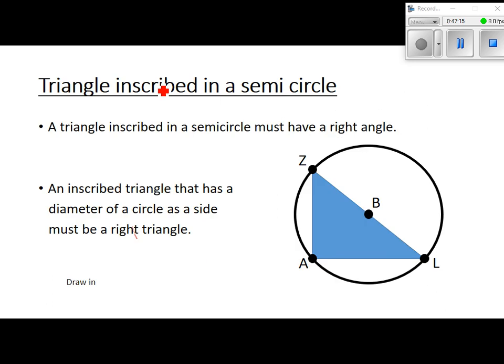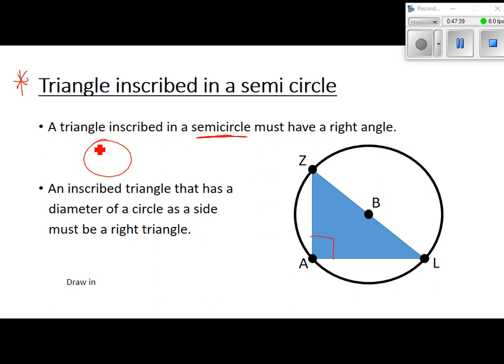This one here is pretty important. It's pretty easy, but it's pretty important. If a triangle is inscribed in a semicircle, that means it's inscribed in half of it, then that triangle must have a right angle. It must be a right triangle. So anytime you have a circle, and usually if we were in class, I'd have 5 or 6 of you come up here and do this.